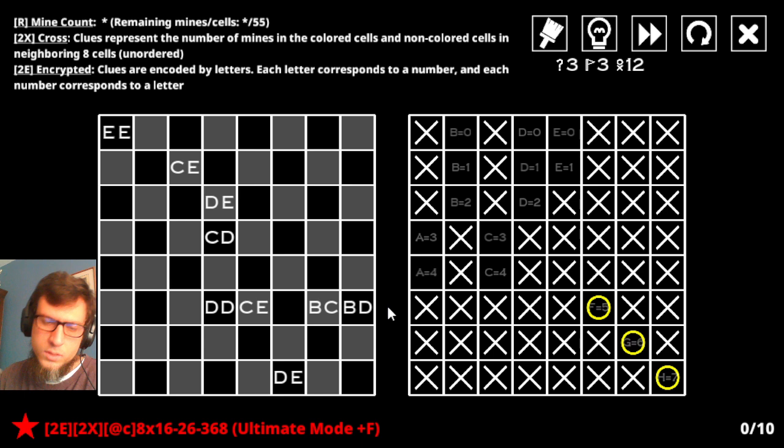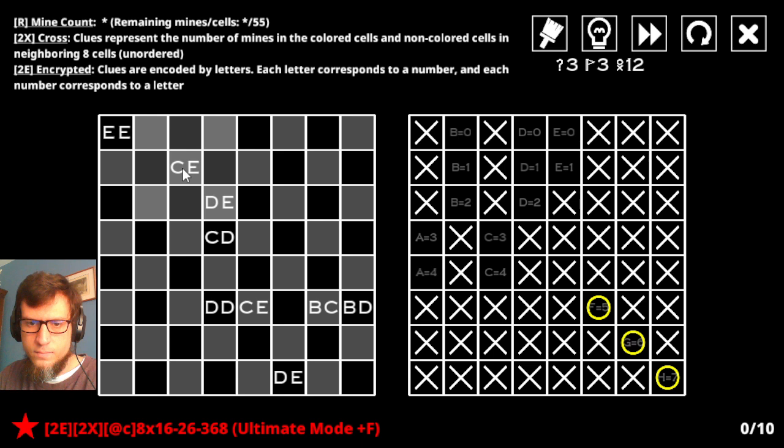But for example... No, actually, okay, that's awkward. C, E, D, A is the other one. A does not appear on this board at all, actually. Okay. That's awkward. Oh, wait. Oh, yeah, cross-encrypted. Okay, yeah. That's obvious.